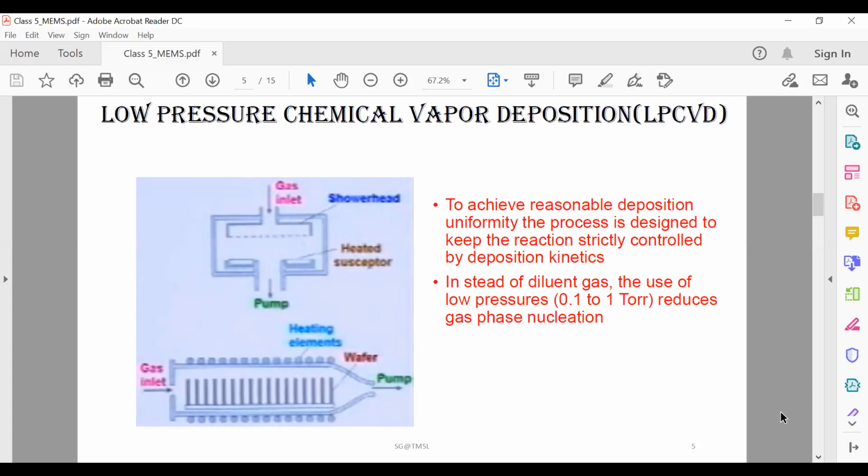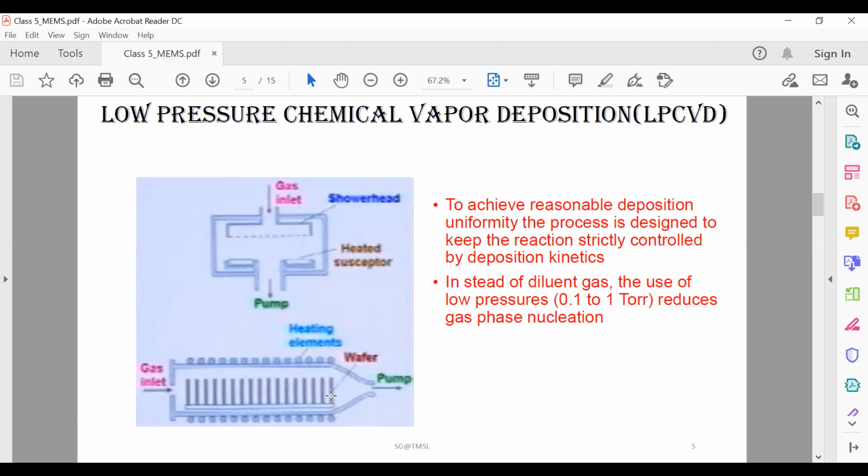So in this chamber, you can stack the wafers in this way. This is the wafer, and these are the heating elements. Here also, these are heating elements. In between there are wafers.